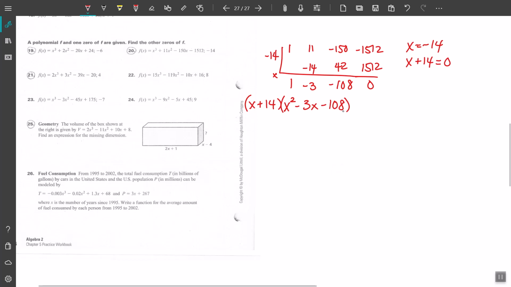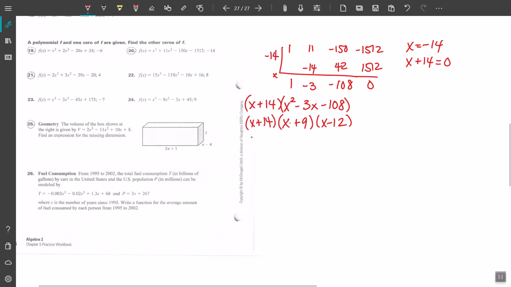You can see though, even though it's a -108, you can probably tell that this can be factored. Factors of -108 that add to -3 would be x plus 9, x minus 12, and then of course I'm just going to write this x plus 14 in here, just to keep things consistent.